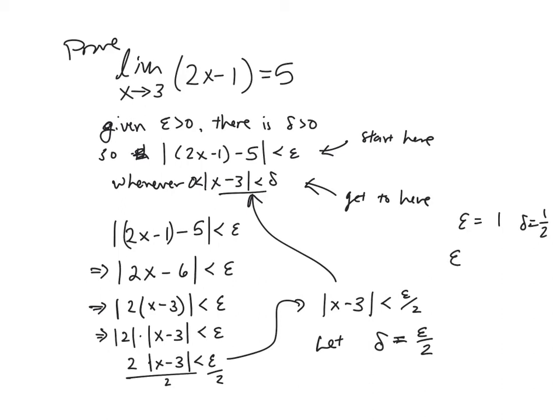Or if somebody says, here's an epsilon of 0.5, I would say, okay, get the delta of 0.5 over 2, which is 0.25. Or if they said, here's my epsilon of 0.002, I would say, well, then use a delta of 0.002 over 2, or 0.001. And that's how we could solve that.